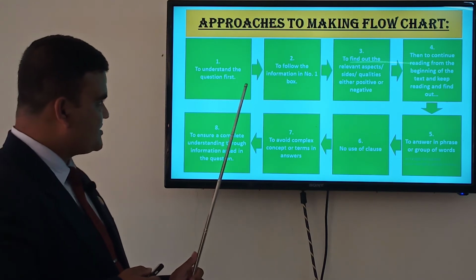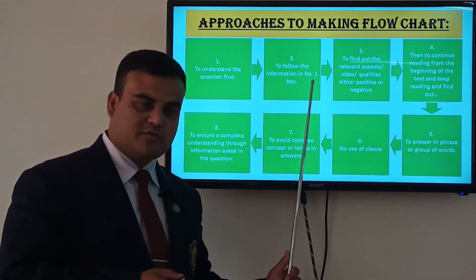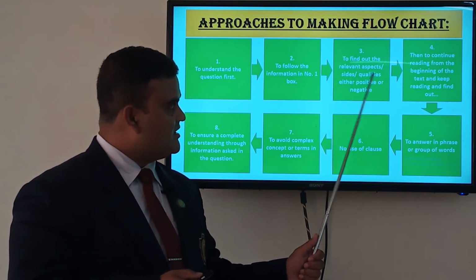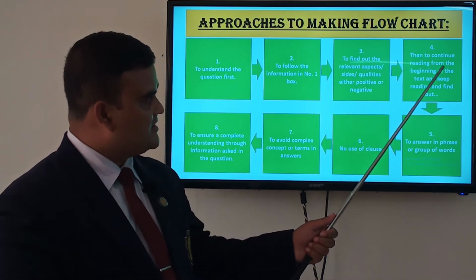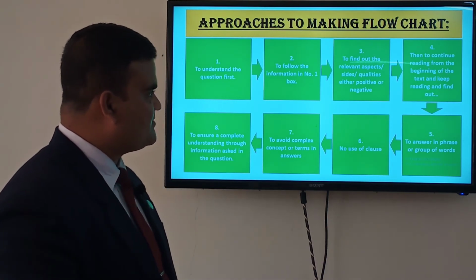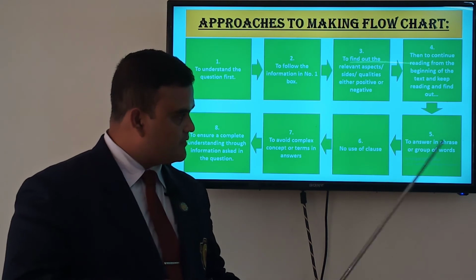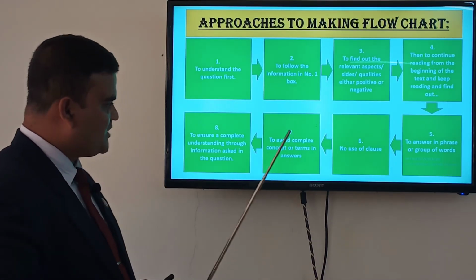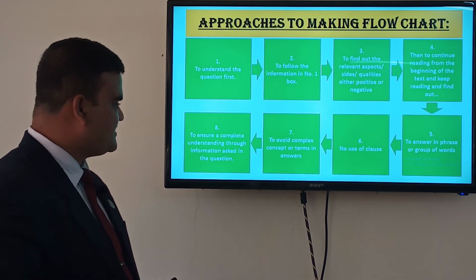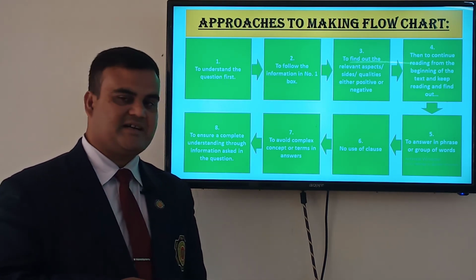To understand the question first, to follow the information in number 1 box, to find out the relevant aspects, sides or qualities, either positive or negative, then to continue reading from the beginning of the text and keep reading and find out, to answer in phrase or group of words, no use of clause, to avoid complex concepts or terms in answers, to ensure a complete understanding through information asked in the question.